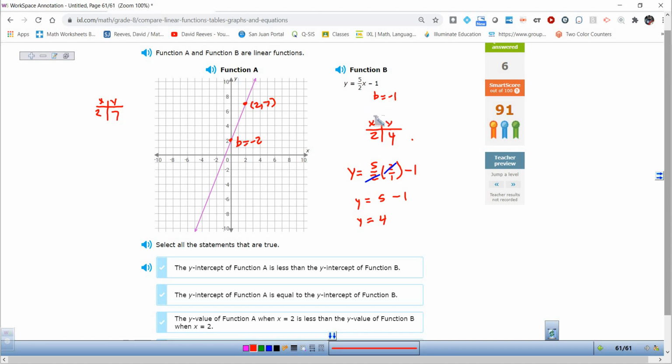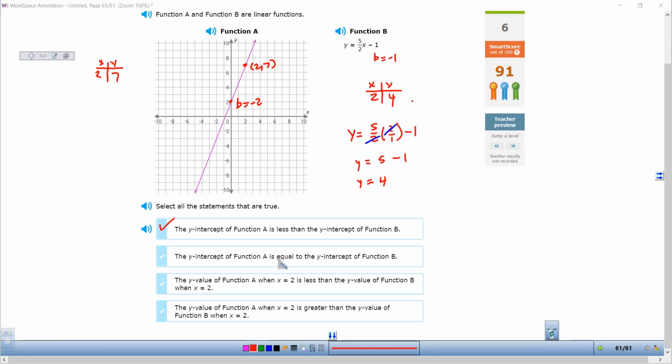So how do they compare? Okay, so the y value is greater. Okay, so if we go back to the y-intercept, for function A, the y-intercept was less. So the y-intercept of function A is less. That is true. The y-intercept of function A, well, if it's less, it can't be equal.